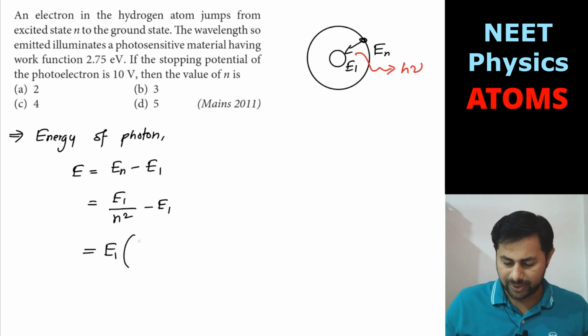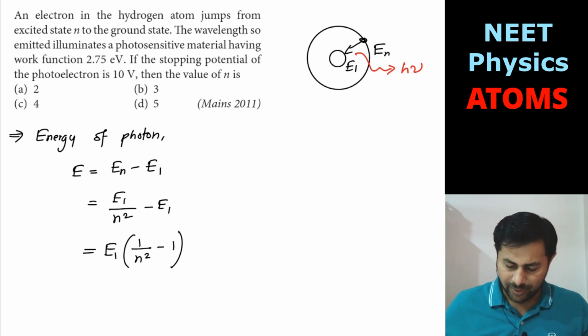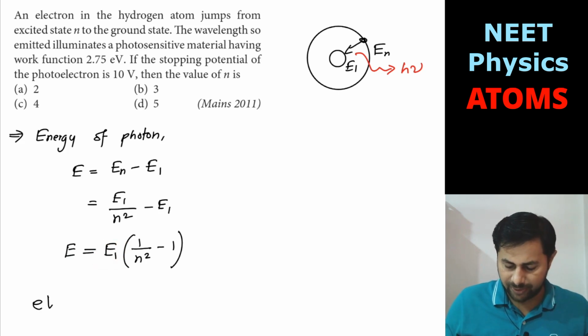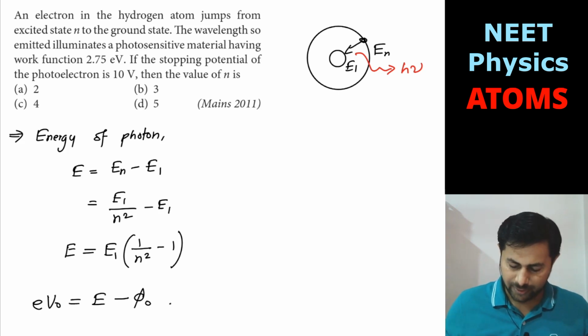Okay, so what remains is 1 by N square minus 1, right? So now this photon strikes a photosensitive material, and for that we can write Einstein's photoelectric equation, that E times V naught would be equal to E minus phi naught.